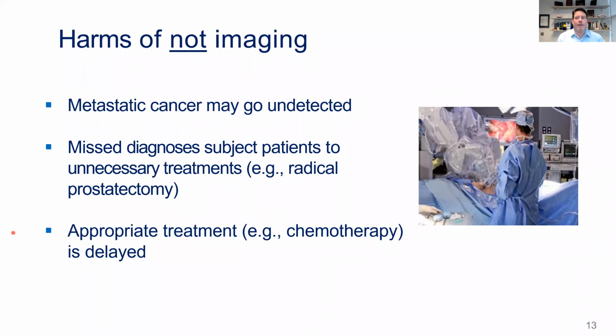That's major surgery that is not going to help somebody who has a cancer that's metastasized. Misdiagnoses also subject patients to things like surgery, and then delay appropriate treatment for a metastatic cancer, like chemotherapy or some of the other treatments you hear about in the news.